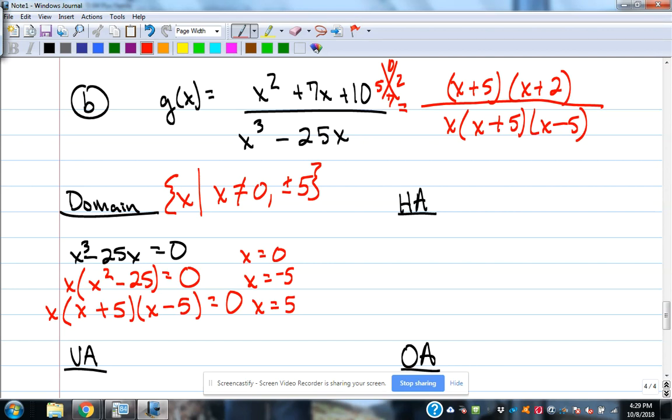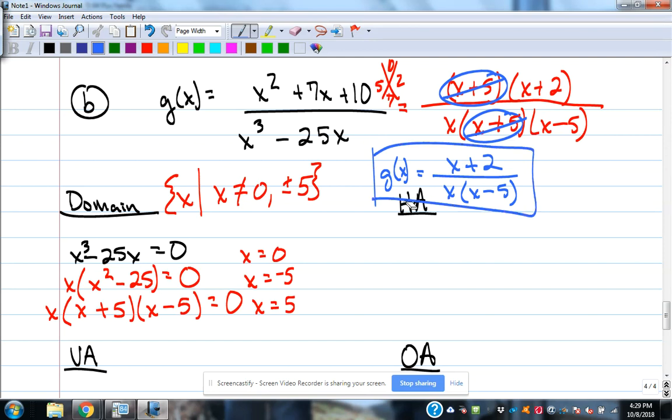When I go to simplify that, what cancels out? What's the matching factor on top and bottom? Those x plus 5s, they cancel each other out. So my simplified version has x plus 2 over x parentheses x minus 5. Okay, move my horizontal asymptote sign down a little bit.